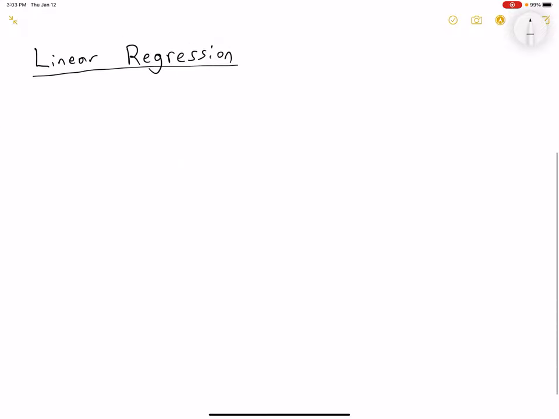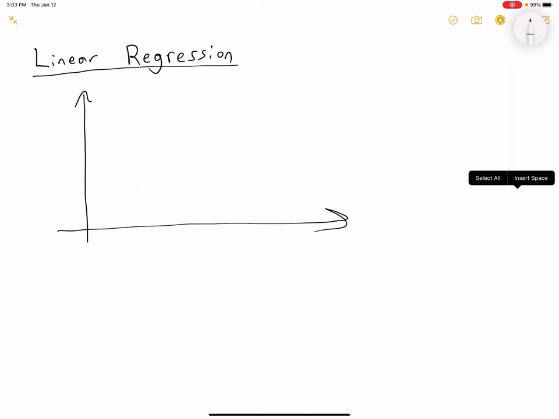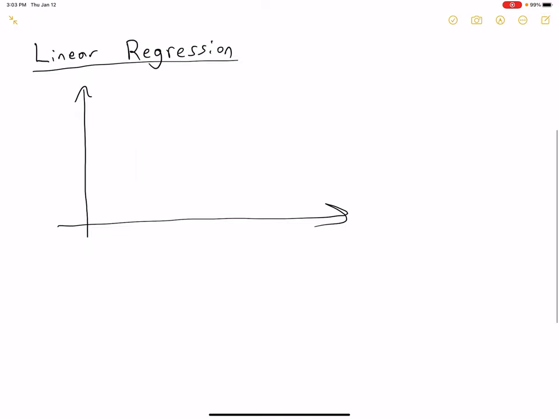Let's look at an example. So let's say we have a bunch of data, and the x-axis represents, I think this was an example given by someone last class, the square feet of a house. Who gave this example? Christoph. Okay, cool. Thank you, Christoph.